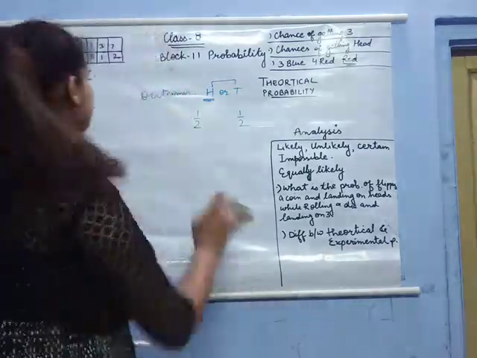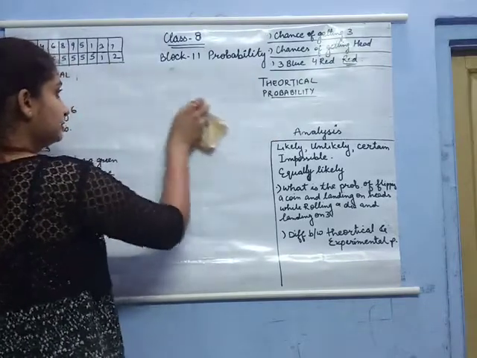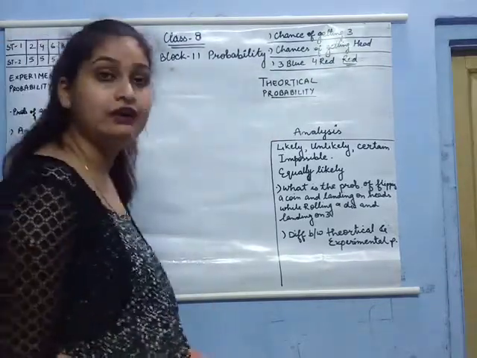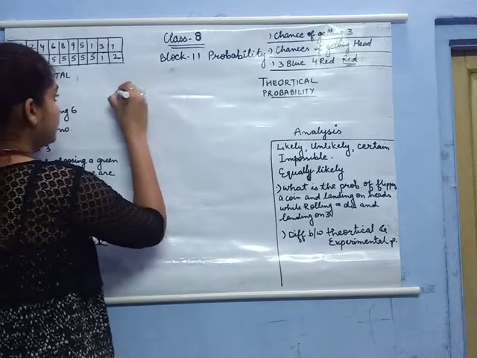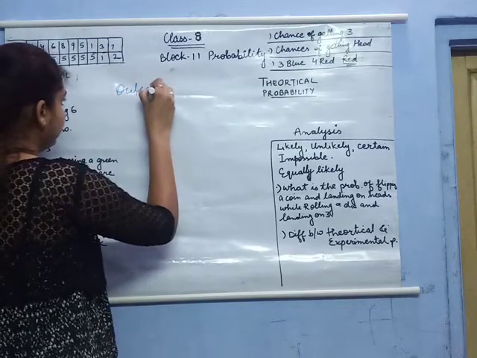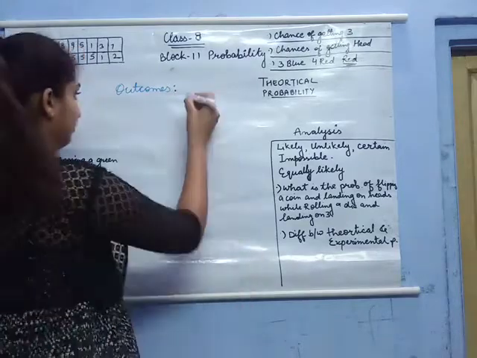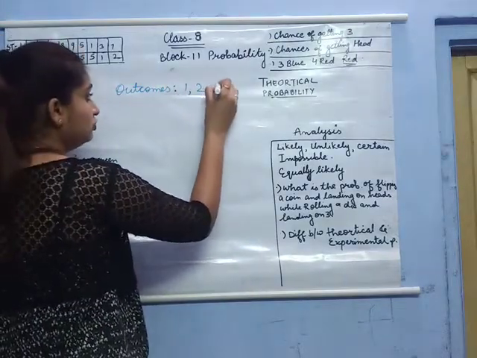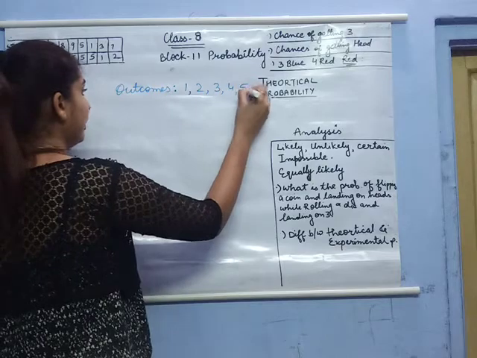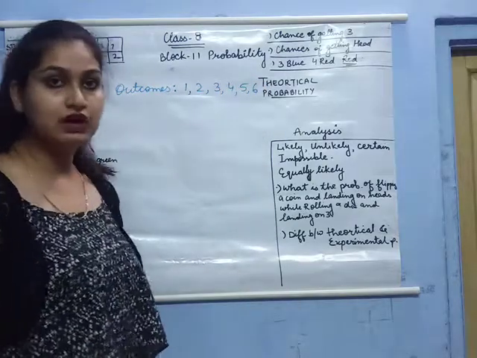We can take more examples of this. If I roll a die, what will the outcomes be? 1 may come, 2, 3, 4, 5 and 6. These are the outcomes.